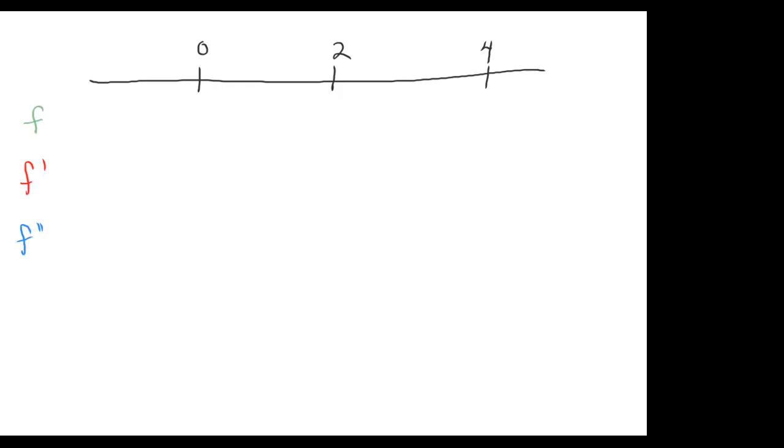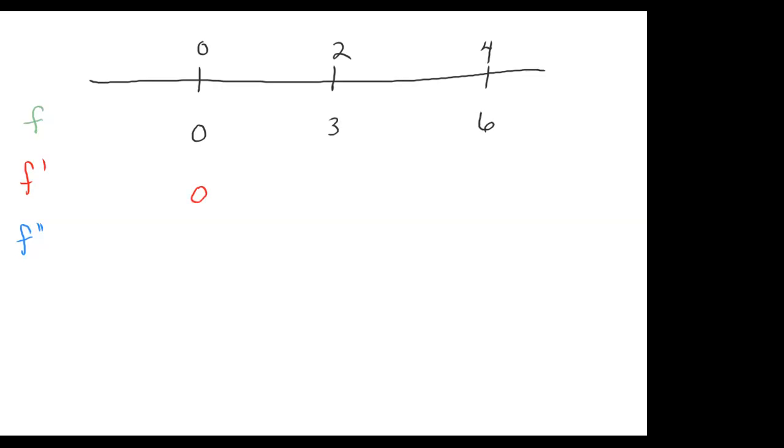Okay? What do I know about f? Well, f is 0 at 0. f is 3 at x equals 2. And f is 6 at x equals 4. All right. Second derivative. What do I know about the second derivative? Well, I know that at 0, the second derivative is 0.